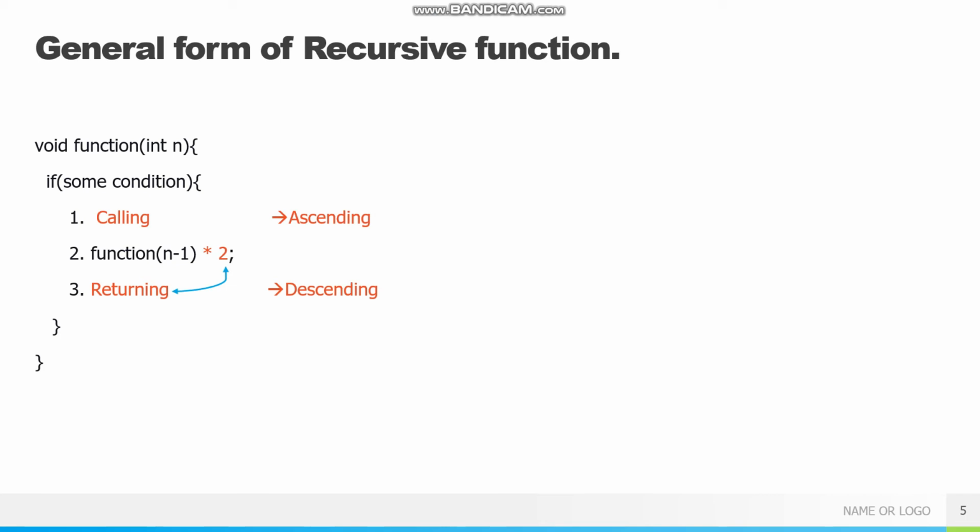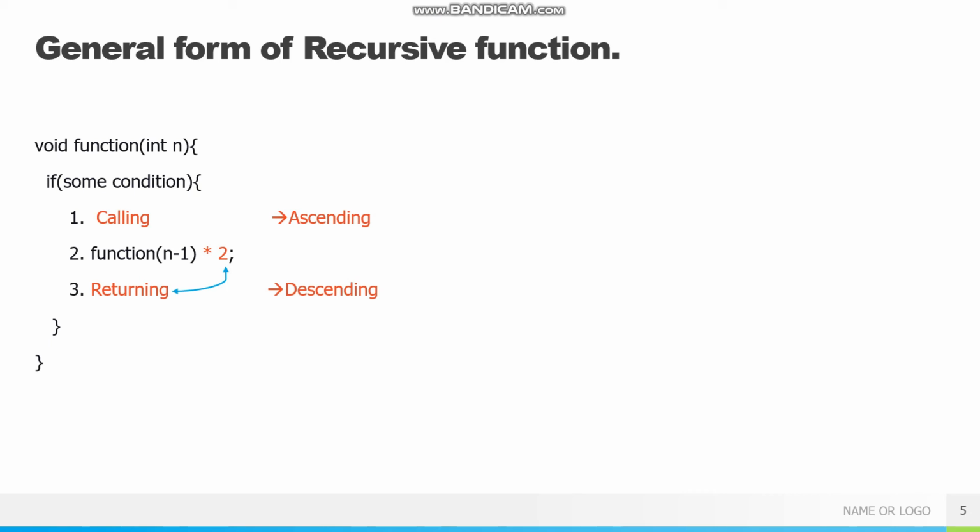So a function is calling itself until the base condition. After completing, it will execute in a descending phase. If anything remains, like the third line, in returning it will multiply by 2. Remember, it is in the returning or descending phase that it will multiply, not in the ascending phase.